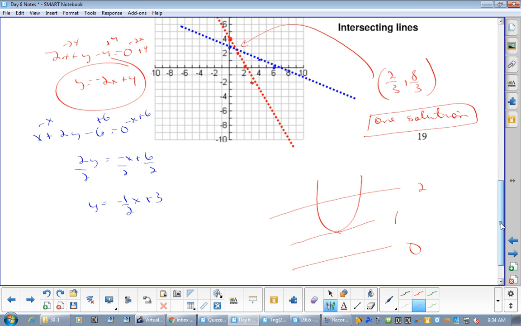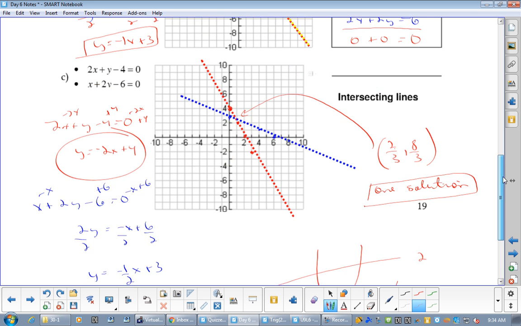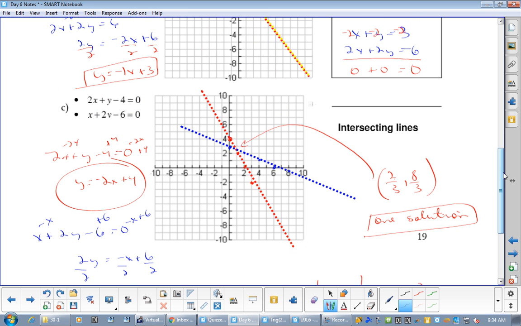Okay, so that's the stuff that I'm getting you to go to. This year, you'll have one, you'll have none, or you'll have infinite. Those are your only scenarios that are possible when you have two lines. So if you're intersecting, give me the rules of equations for intersecting lines.